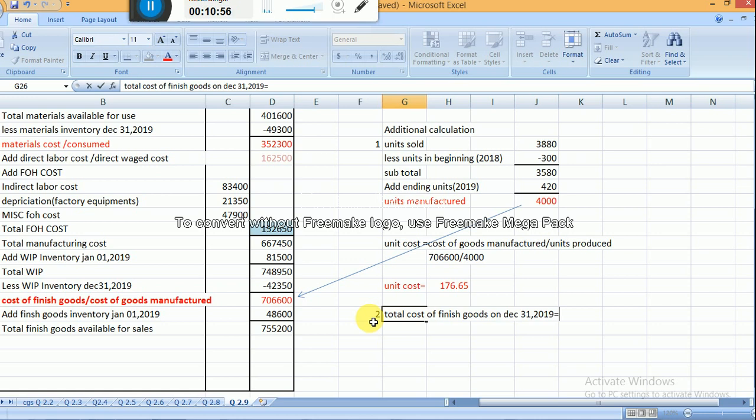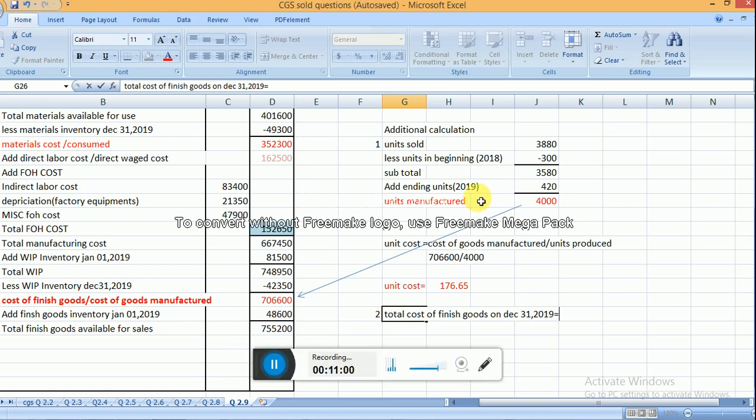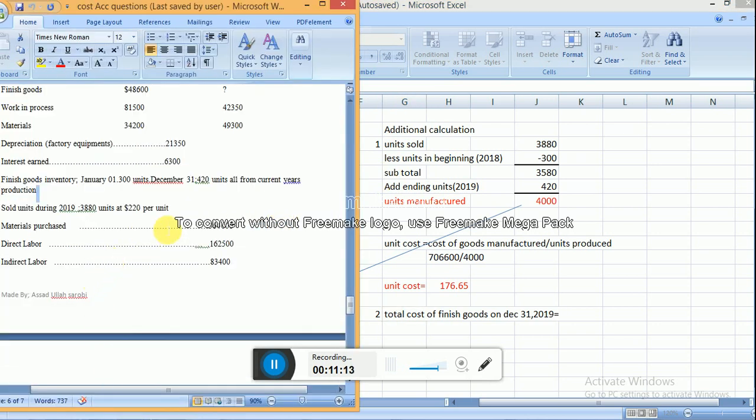How many units did we produce? It means the ending inventory cost on December 31st. How many units remain? If we look at the question, 420 units remain on December 31st.